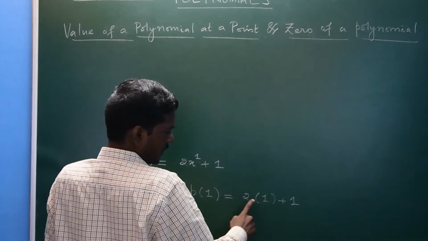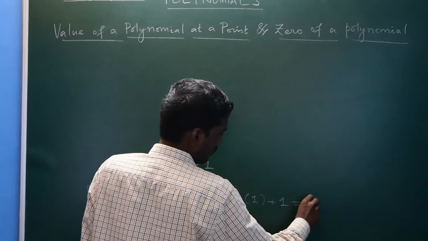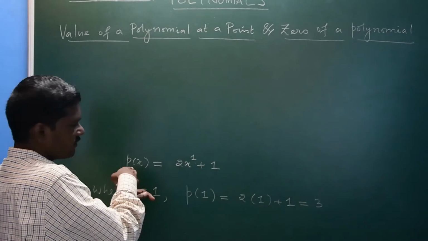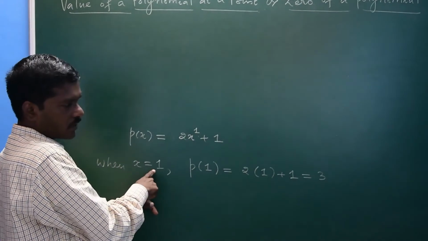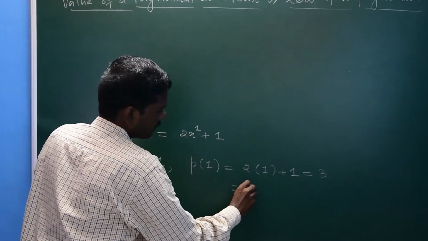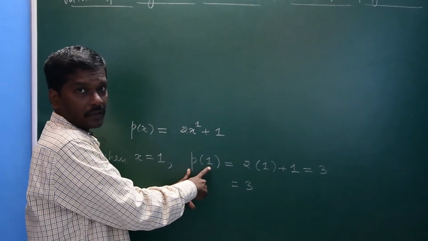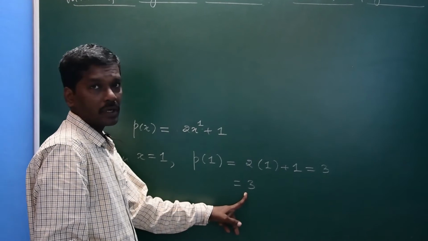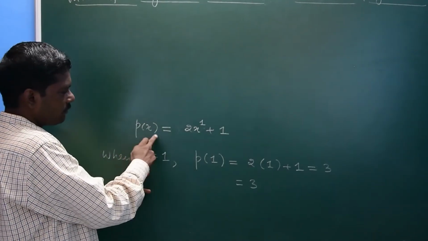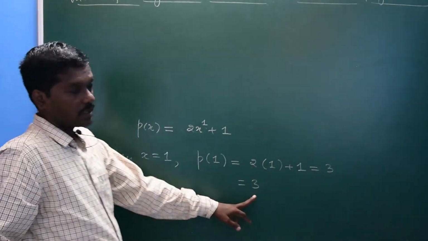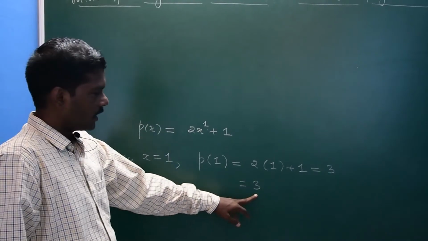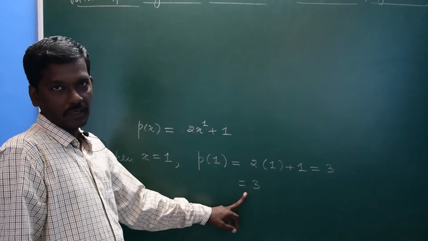So 2 times 1 is 2, 2 plus 1 is 3. So the value of this polynomial at the point x is equal to 1 is 3, or the value of p of x when x is equal to 1 is 3. So this is what we mean by the value of the polynomial.